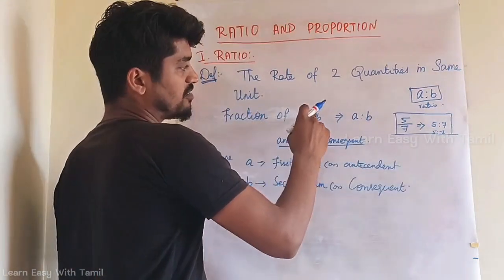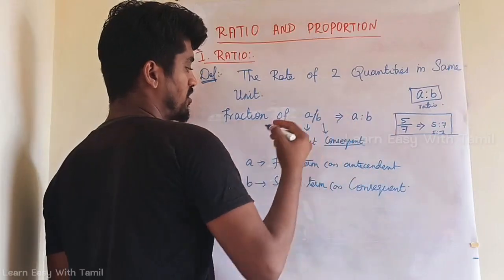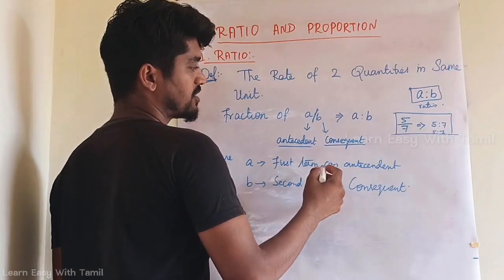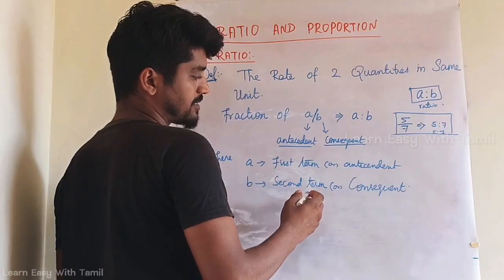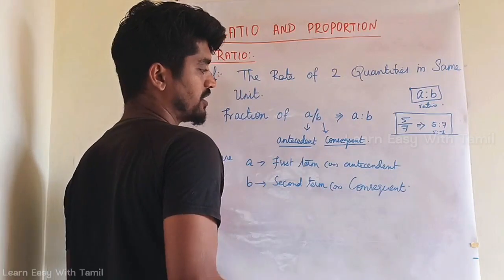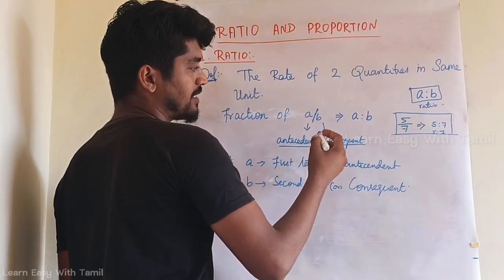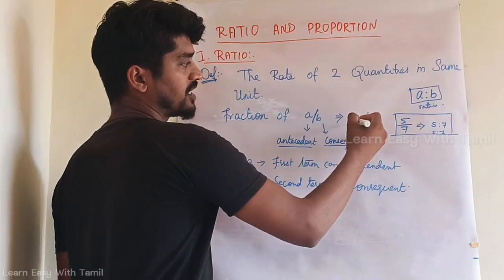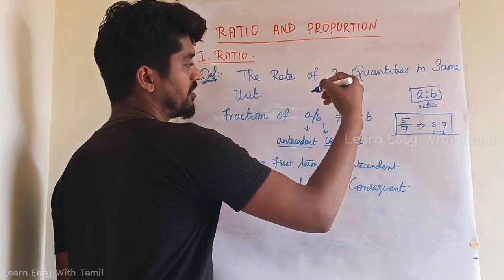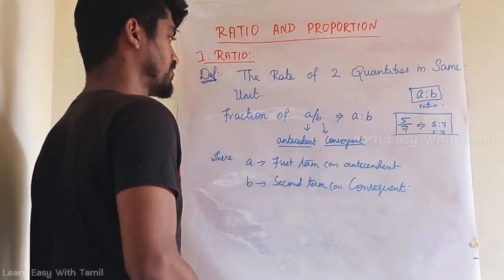From the fraction A by B, it can be written as A is to B, where A is the first term or antecedent, and B is the second term or consequent. The numerator is called the antecedent and the denominator is called the consequent. The numerator comes on the left side and the denominator on the right side of the ratio symbol.